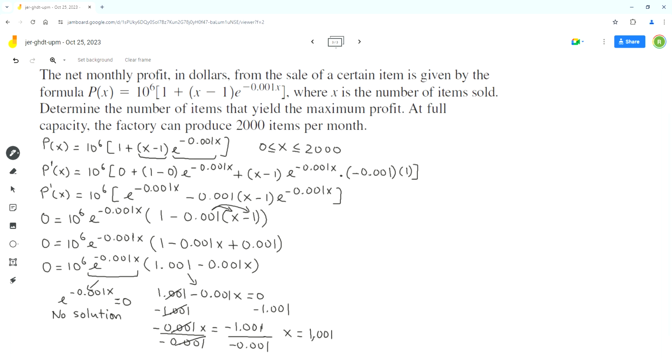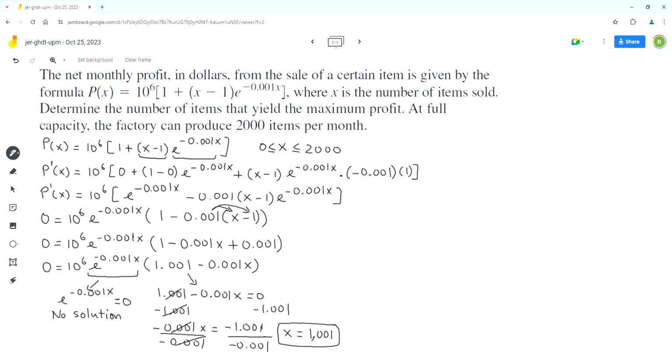And this represents the number of items. So this is the x value at which the derivative of the profit function is equal to 0. And this x value lies in the domain 0 to 2000. So that means it's a valid x value.